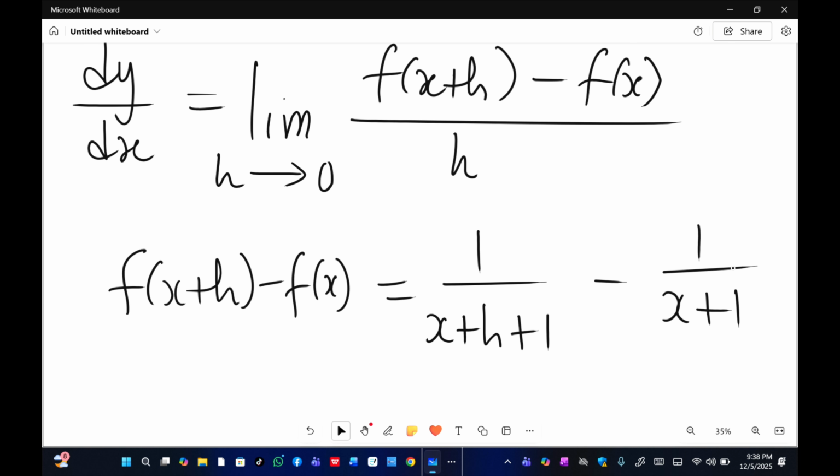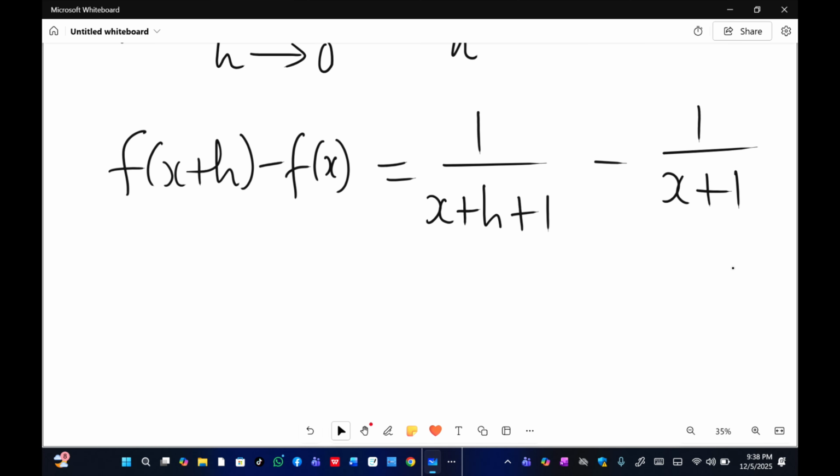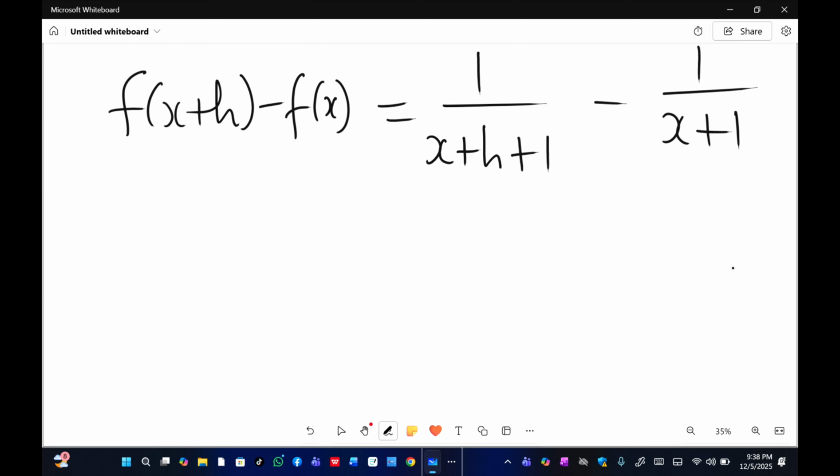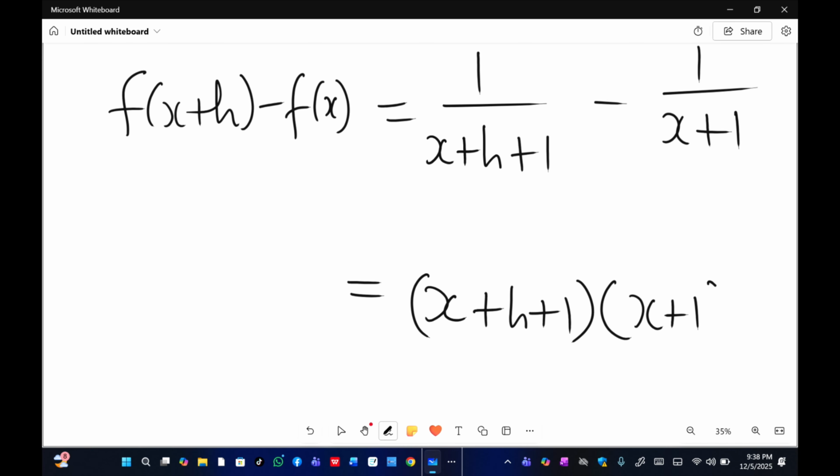Alright, so we need to find their LCM, which will be the product of the two denominators. So we are going to get here x plus h plus 1 in one bracket, also multiplying x plus 1 in the other bracket. Right, so we divide the denominator of the new fraction that we are getting by the denominator of the first part of the fraction.